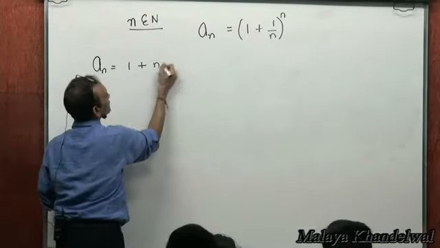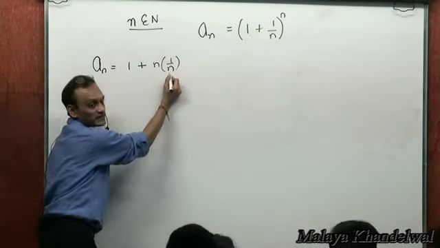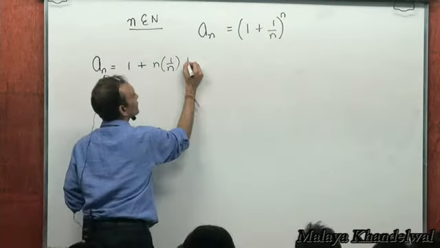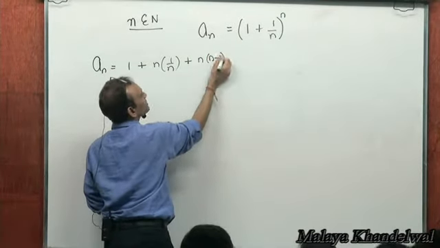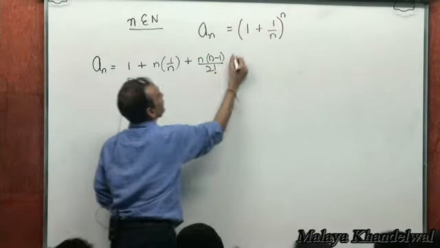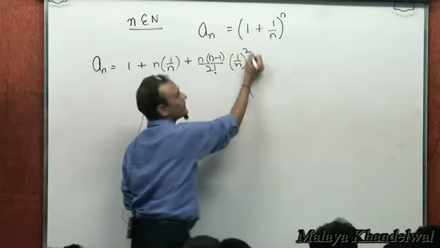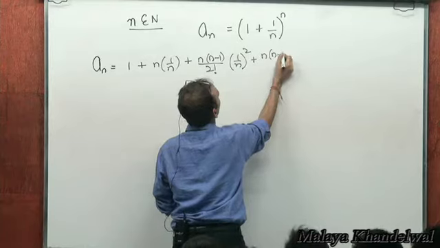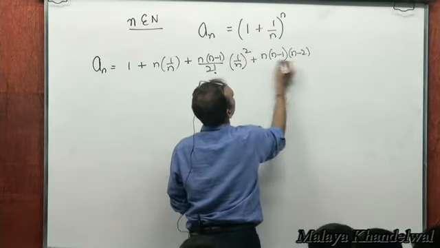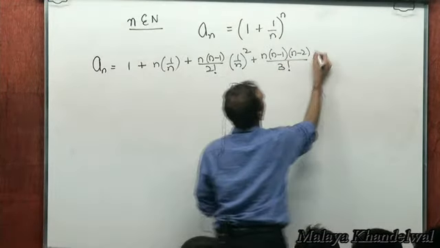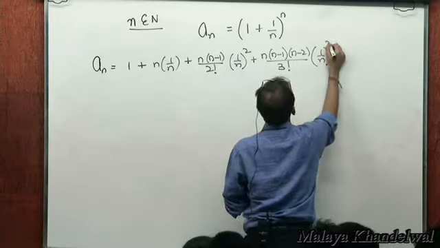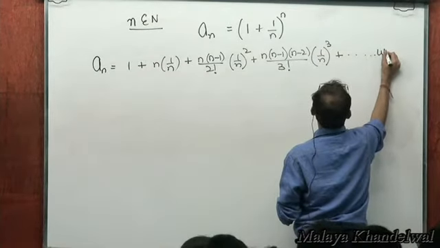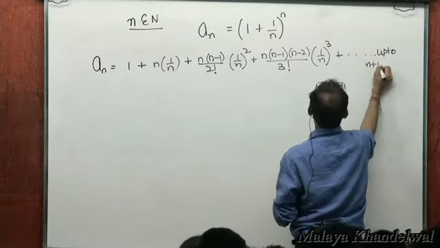One plus n into 1 by n. x is 1 by n in this case. n into n minus 1 by 2 factorial, 1 by n whole squared, right? n into n minus 1 into n minus 2 by 3 factorial, 1 by n cubed, up to how many terms? n plus 1 terms.